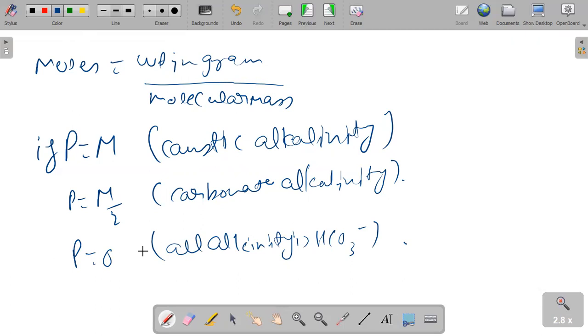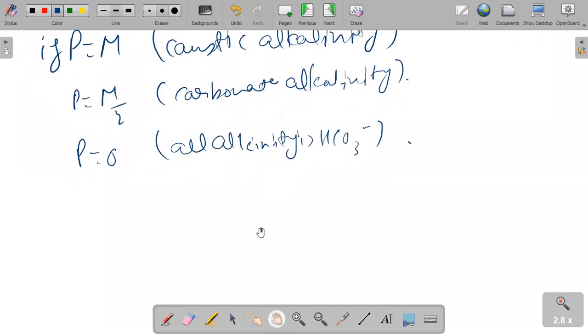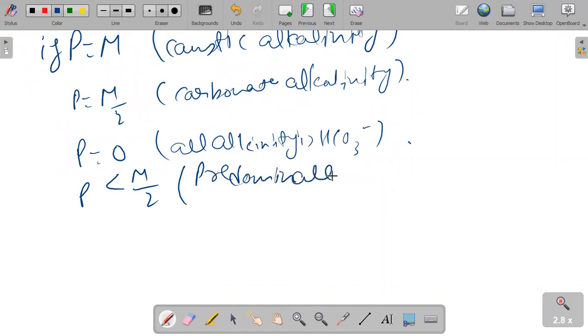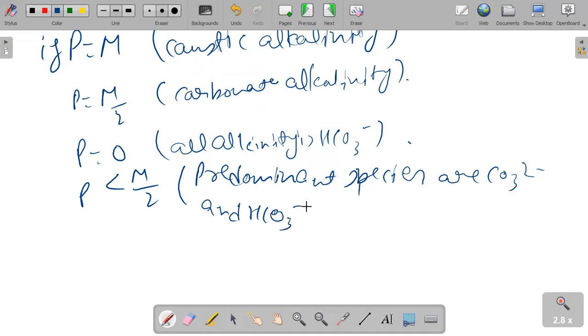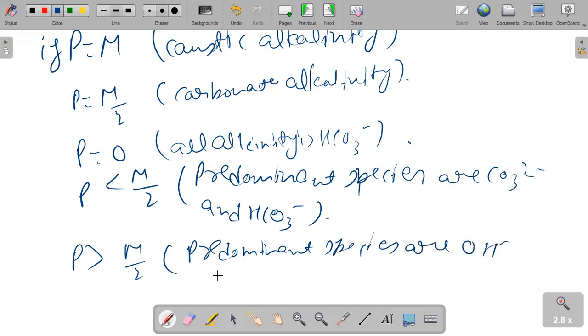And if P is greater than M by 2, then predominant species are OH minus and CO3 2 minus.